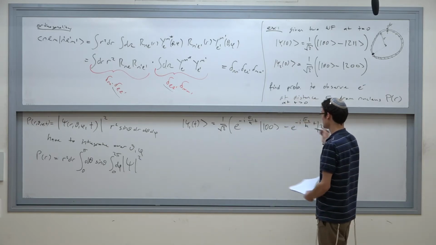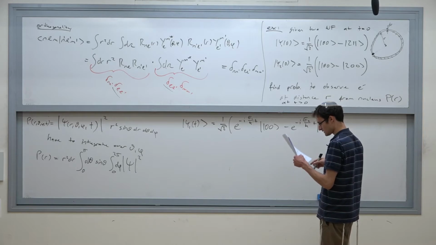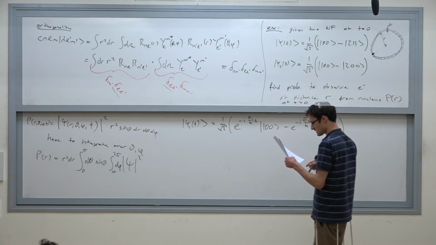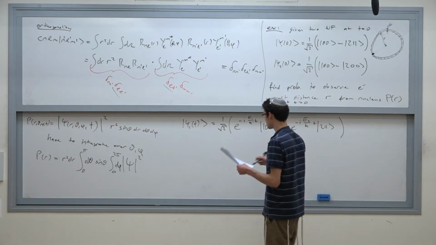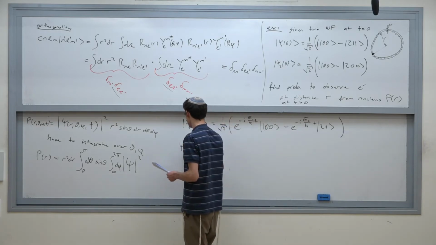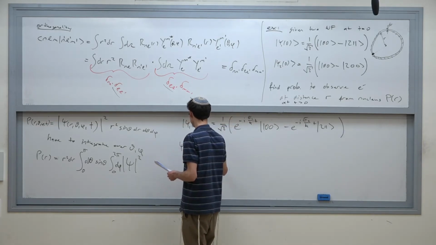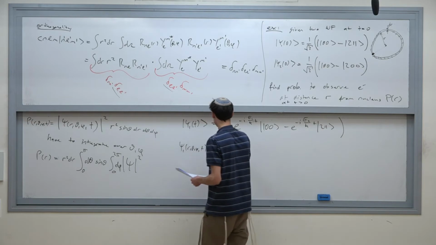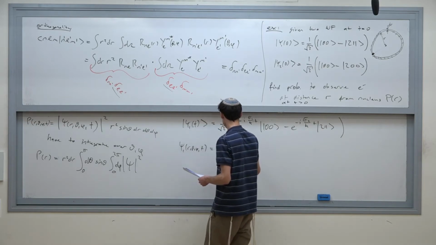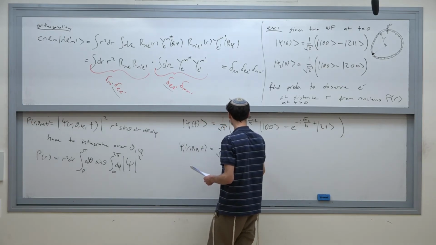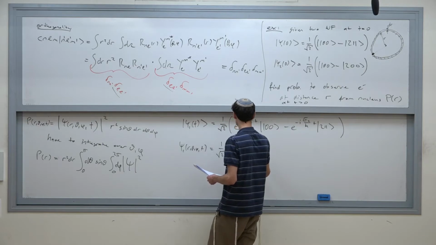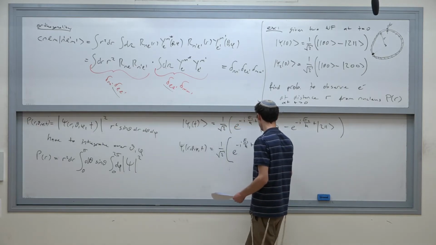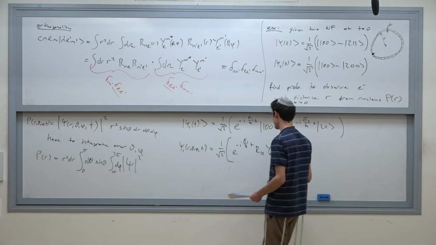Now I'll take the absolute value squared of this thing. Let's first of all write it out in position space. So it's 1 over root 2, e to the minus i E1 over h bar t, then it's an R10 times a Y00.